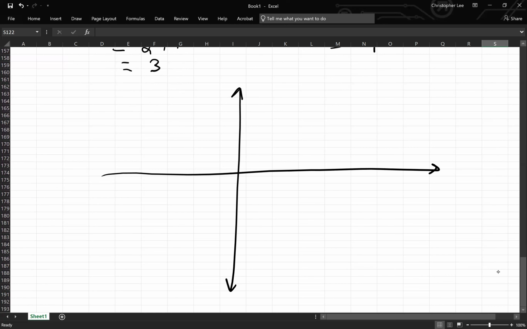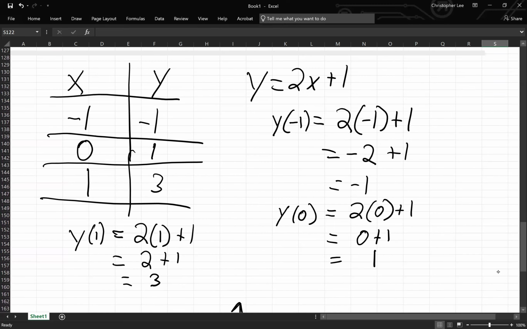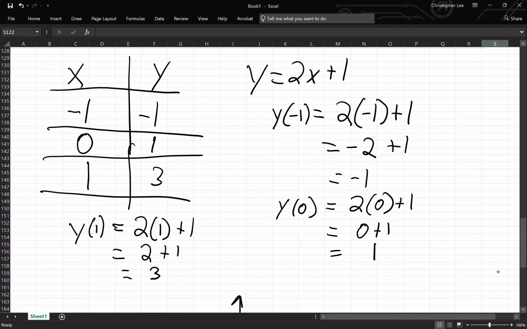I'm plugging in a value for x. What I'm doing is I picked some x values. I just gave you my favorites, -1, 0, and 1, right? Then I plugged them in for x and I got a y value out.